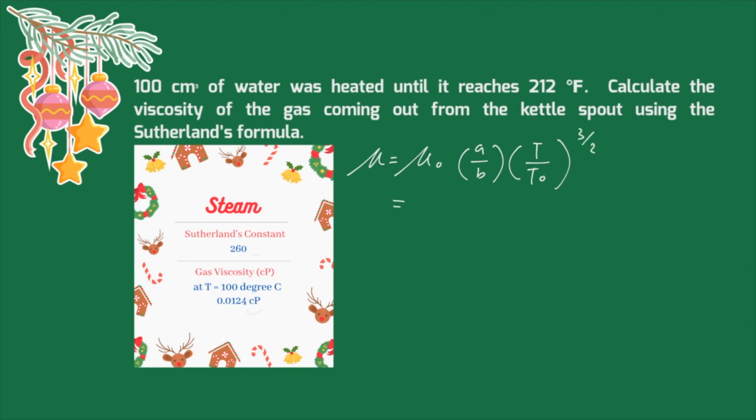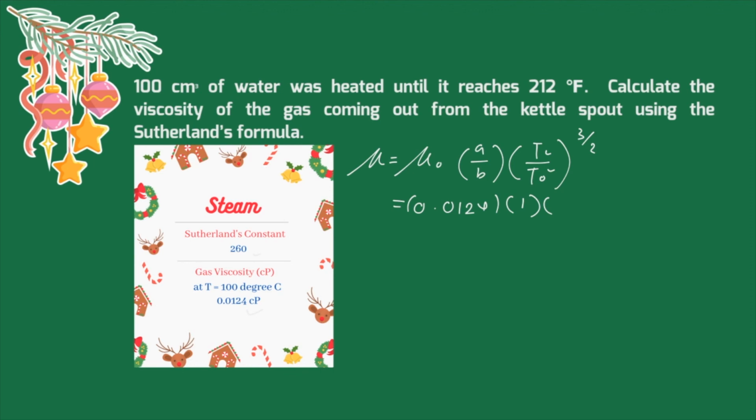You know that mu naught is 0.0124, and since your A and B have the same value, dividing by the same value is equivalent to 1. Your temperatures T and T naught are also the same, both 100 degrees Celsius, which we converted to Kelvin, 373.